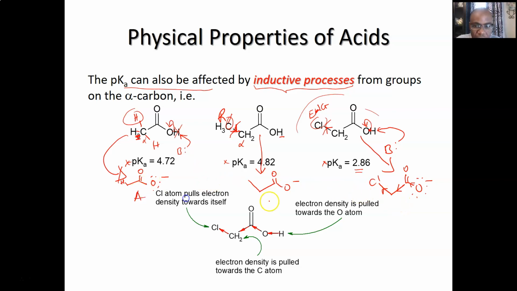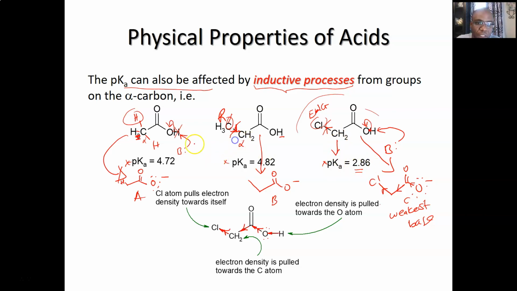I'm comparing structure A, B, and C. This will be the weakest base. Why? Because the chlorine is pulling electrons towards itself from this oxygen. So the weaker the conjugate base, the stronger the parent acid. So this parent acid has a pKa of 2.86.